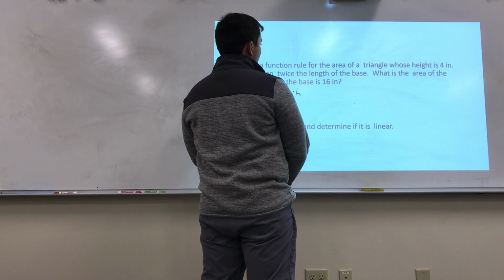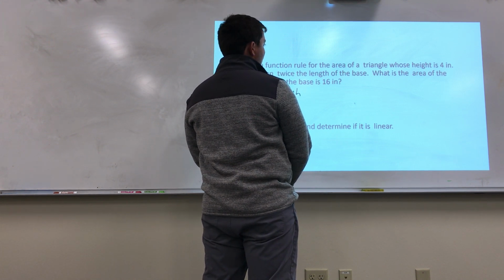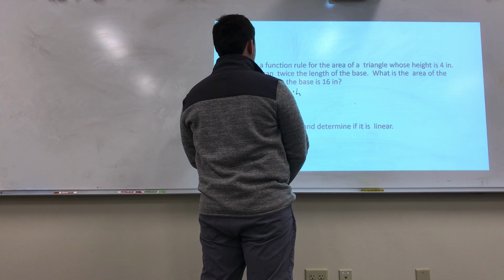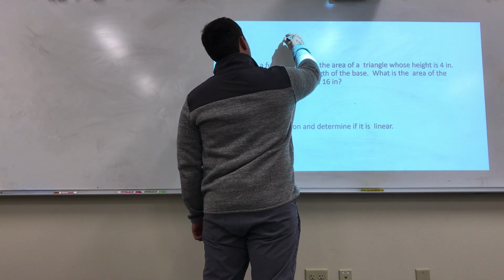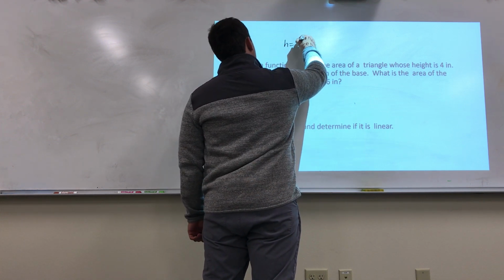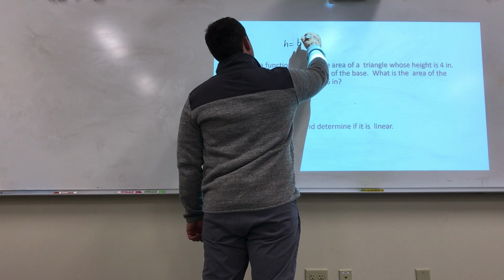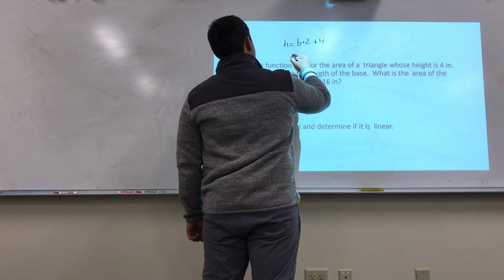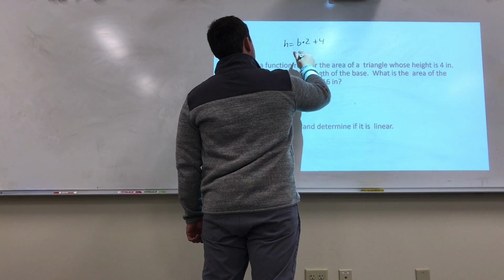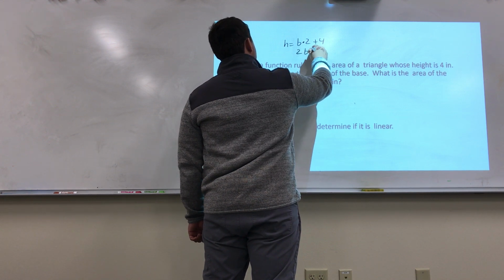Write a function rule for the area of a triangle whose height is 4 more than twice the base. So your height equals base times 2 plus 4. So height really here is 2b plus 4.